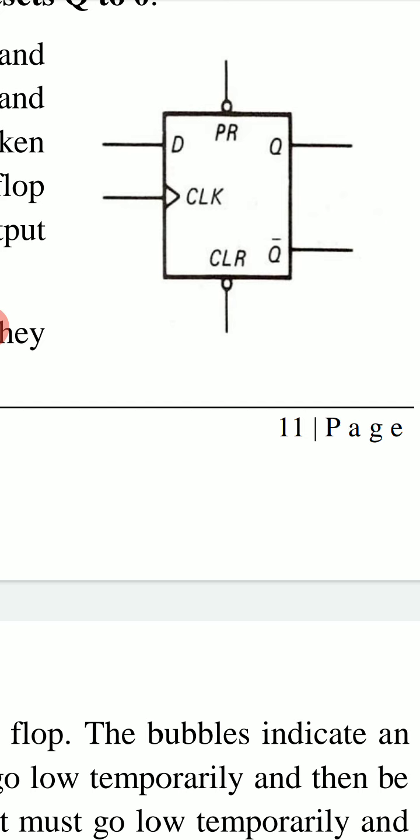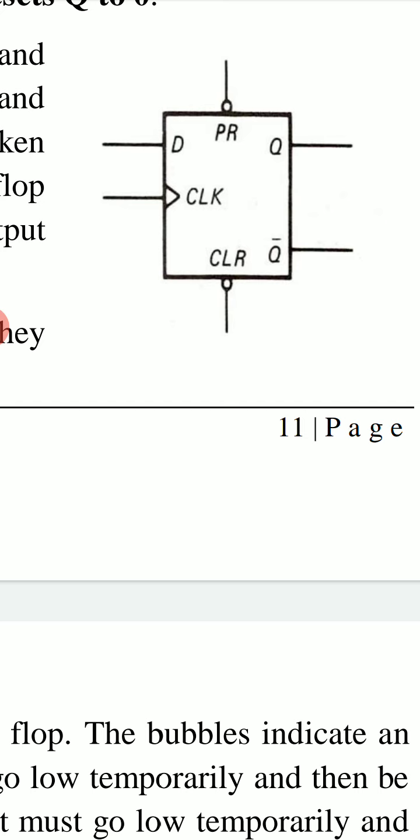PR is for preset and CLR is for clear. Two bubbles are formed for preset and clear. These bubbles indicate active low state. It means that it will be active when this signal is low.